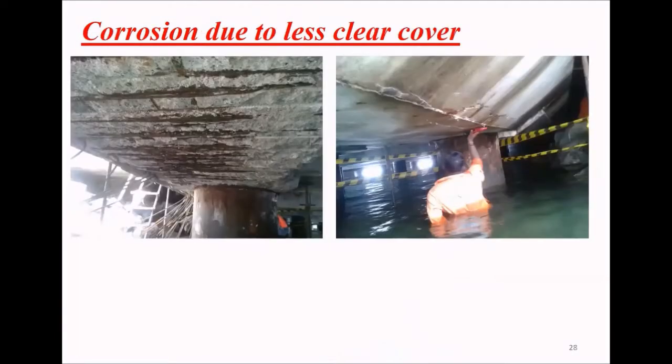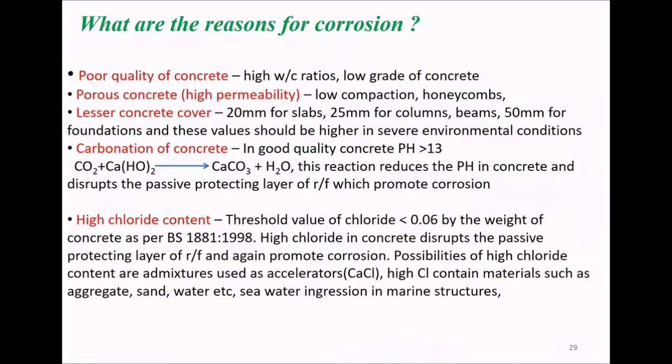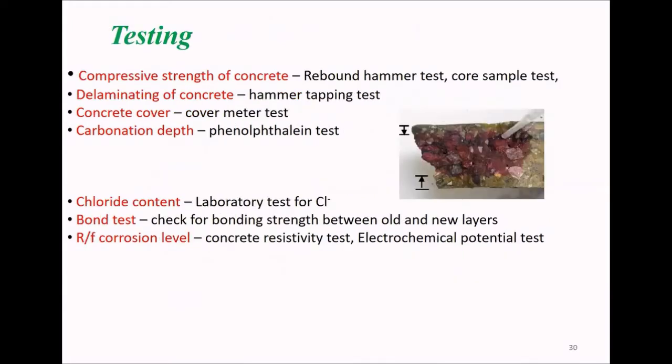So this is another corrosion failure, that only the picture is given here. This one also is due to the insufficient clear cover. And these are some reasons, I don't want to proceed with this one. I want to skip. If somebody needs, you can.